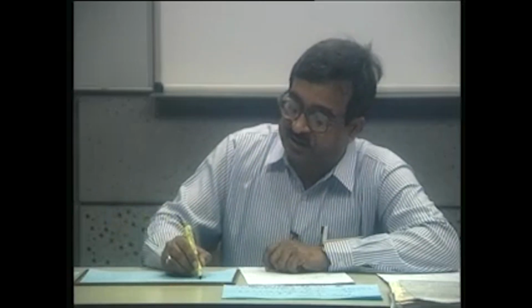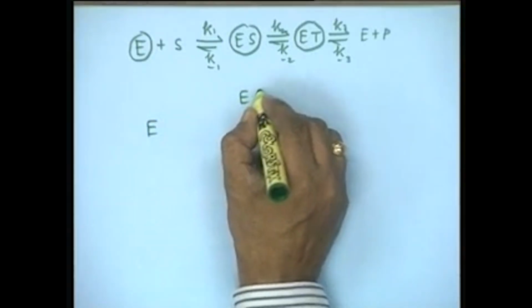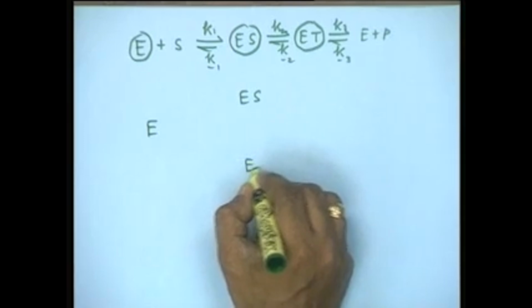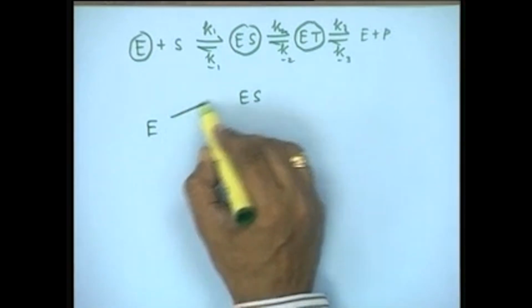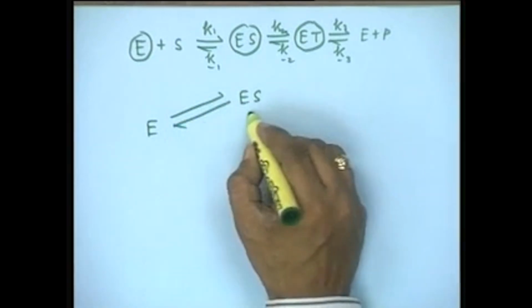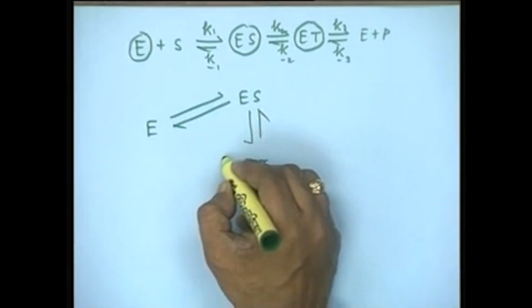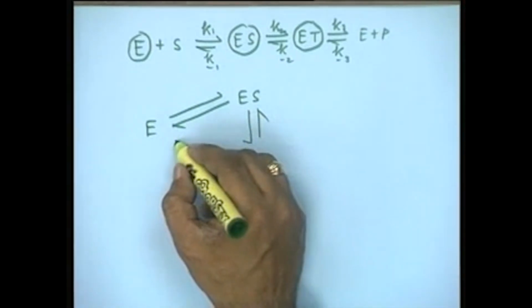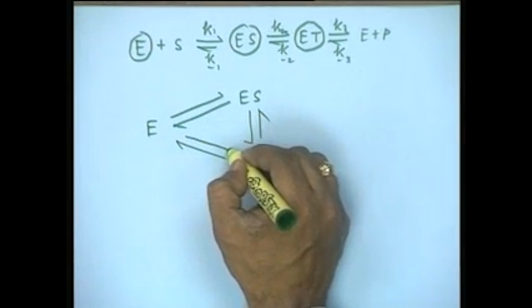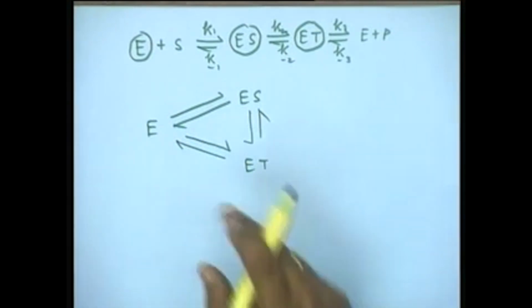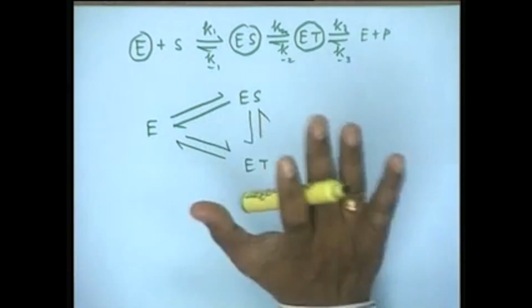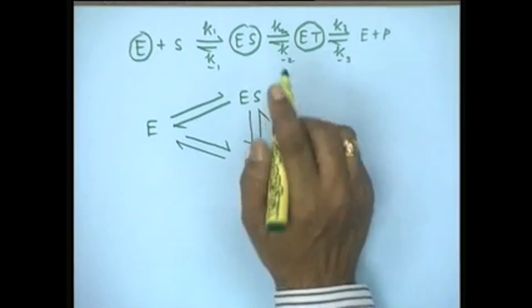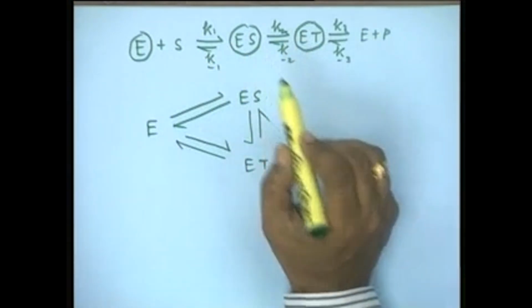So, you can just write E, of course, it will form a triangle, and E to ES, ES to ET, and then ET to E, and also show the interaction between the enzyme species that are present.